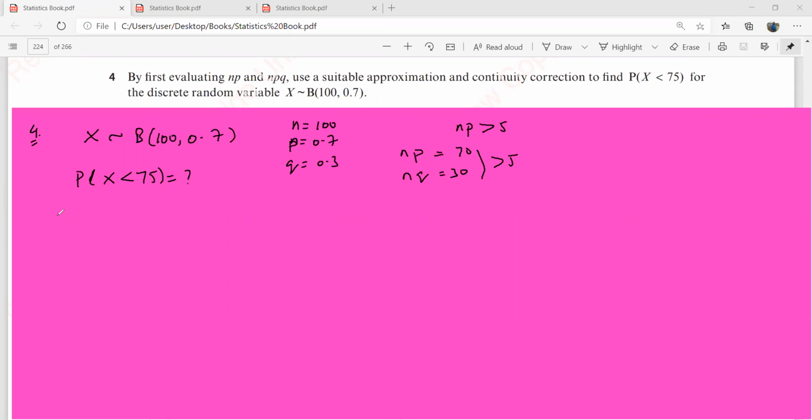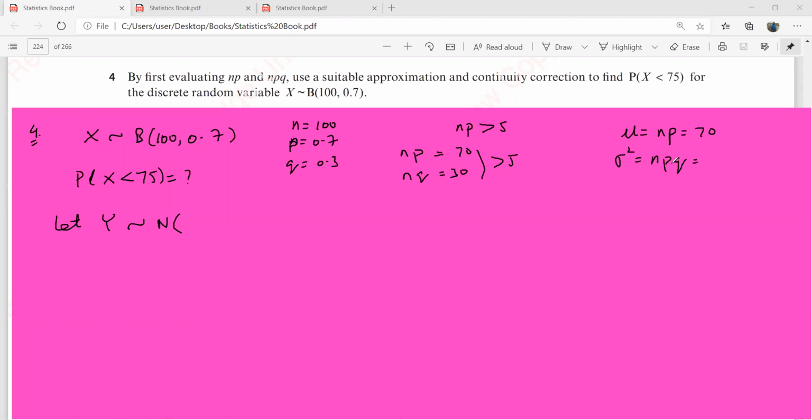So now I would say that let Y be normally distributed. So when I go into the normal distribution, I need to have its parameters here. So its mu is going to be np, which we have already calculated, that is 70. And its variance would be npq.